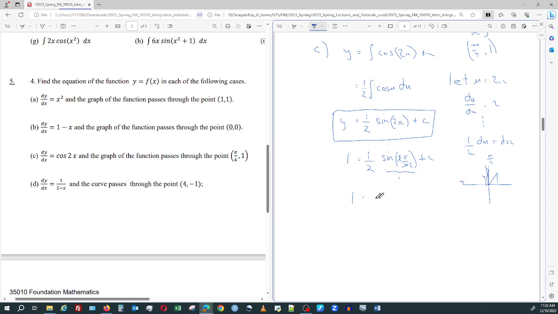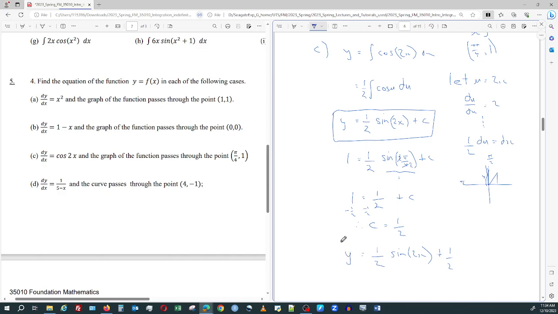Now that's exact values trig, 1/2, 1 plus c. So therefore 1, subtract the 1/2 on both sides. Therefore c is equal to 1 minus 1/2, which is 1/2. So our particular solution for this one is 1/2 sine 2x plus 1/2.